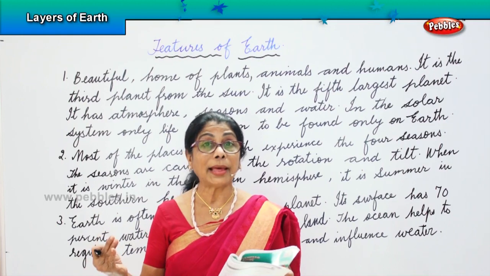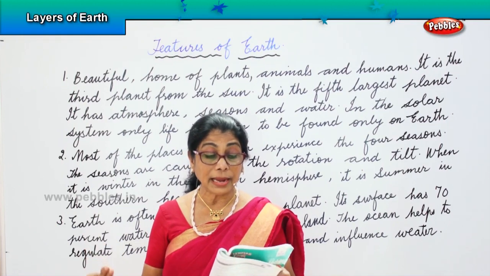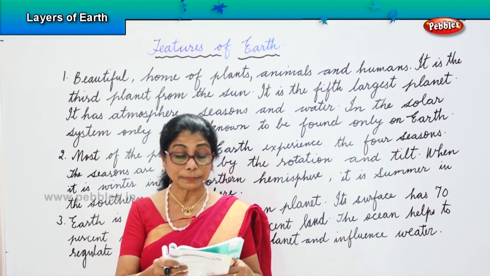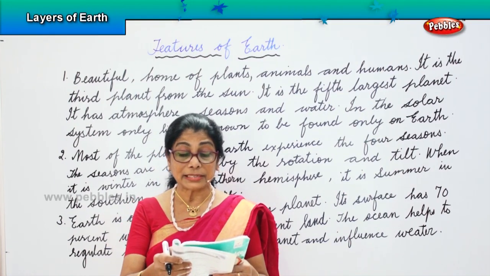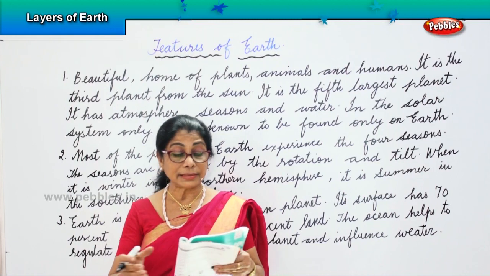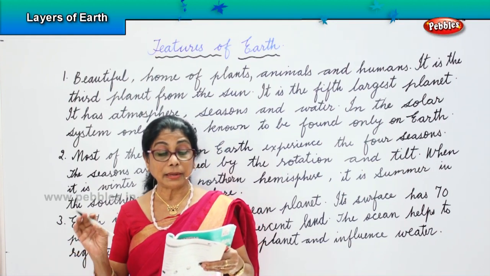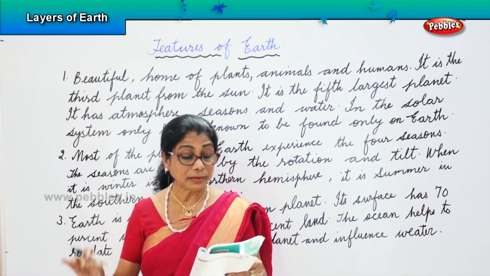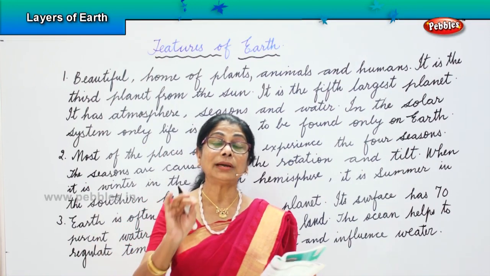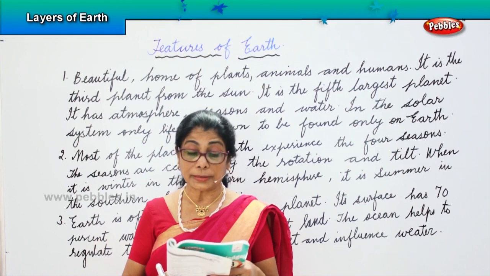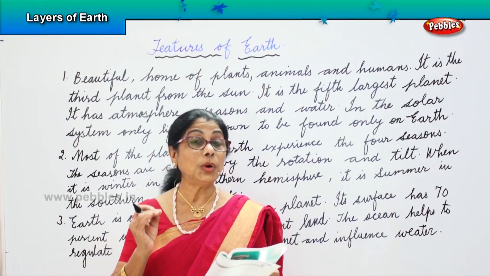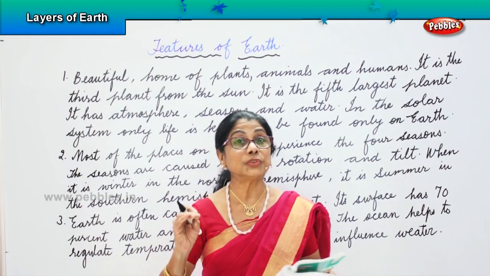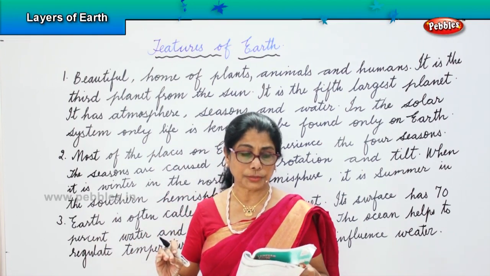It is the third planet from the sun and is the fifth largest in the solar system. Some of the other planets have atmospheres, seasons, and even water. But Earth is the only one that has atmosphere, seasons, and water in its correct proportion. Earth is the only place in the solar system where life is known to be found.